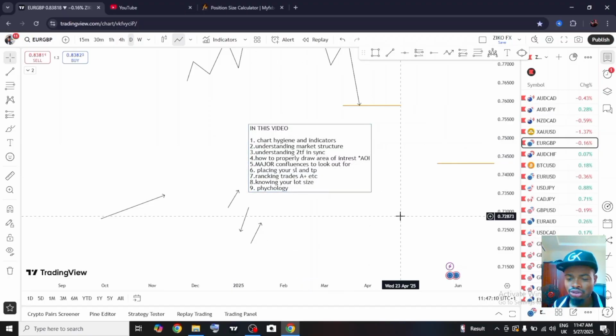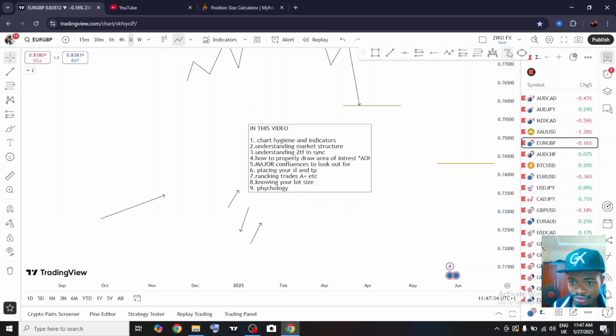Now you're not going to be doing anything on the chart until price gets to your area of interest first. Once the price gets to your area of interest, you have nothing to do in the chart before then. Area of interest is where you're interested in putting your money in the market just because you believe that place will have some form of reaction once price gets to certain areas. So once price gets to your area of interest, that's when you start paying attention to the market.